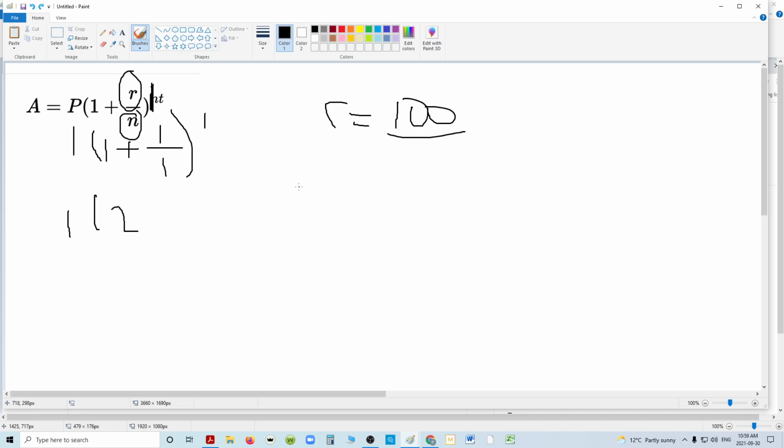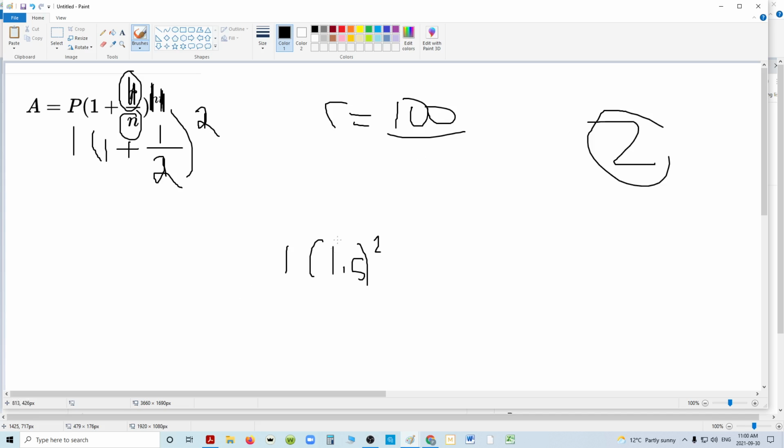Makes sense, right? Well, I'm going to keep my rate of change at 100%. This time I'm going to compound it twice in the same year. So only the n changes. t is just going to stay 1, and r is just going to stay 1. Well, this time you've got 1 times 1.5 squared. And you might say, well, that's going to give me less than 2, because 1.5 squared was less than the 2 to the 1 that I had before.